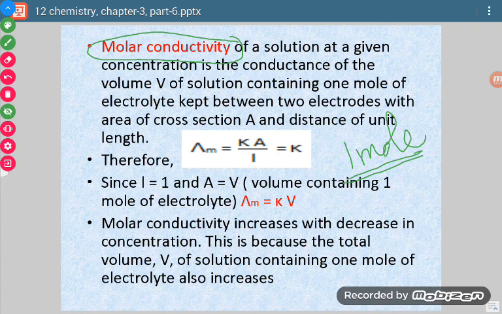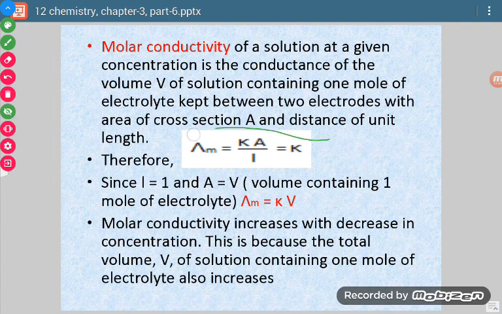Just like we gave one more definition, it is the conducting power of all the ions produced when 1 mole of electrolyte is dissolved in a solution. Or we can say, if V is the volume of solution, then it must contain 1 mole of electrolyte. Now the L value is 1, just like we said.